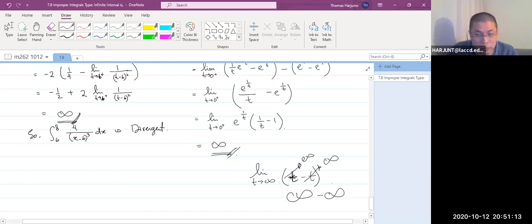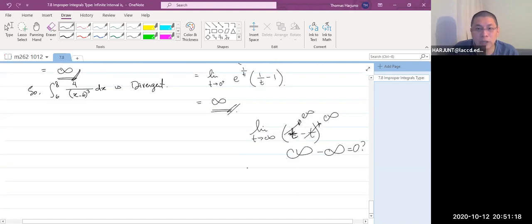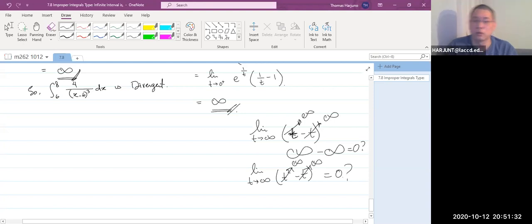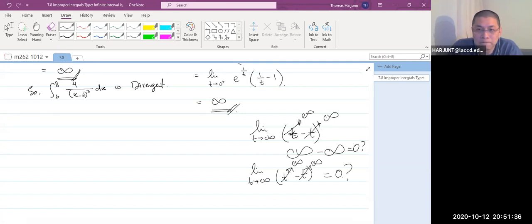You want to say that's 0? Then let me change the first t into t squared. This goes to infinity. This goes to infinity. Does it mean this is equal to 0? No. So what is infinity minus infinity? Depends on my mood. No, we can't argue that way.